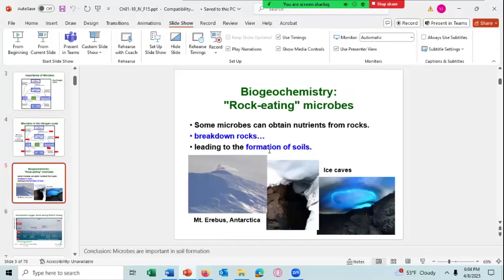But microbes can and do significantly break down rocks to make soil. They make about 20% of the soil on the planet Earth. Once again, showing you the importance of microbes in the Earth's ecosystem.